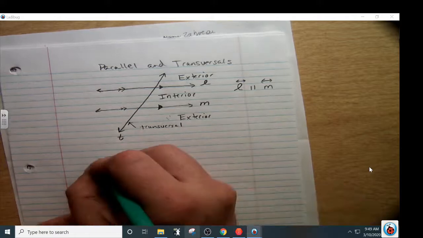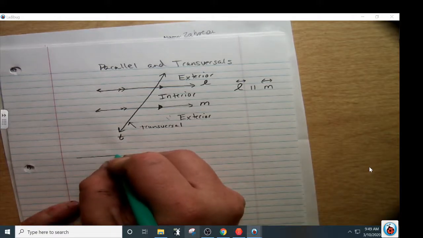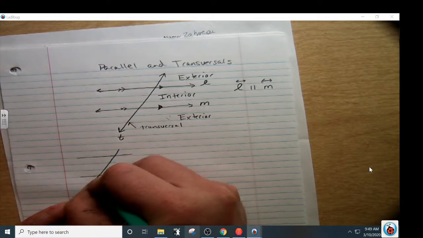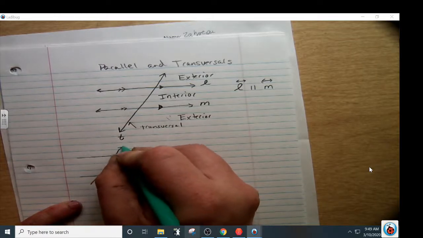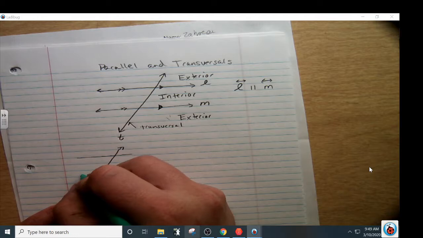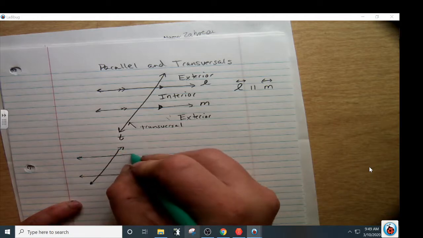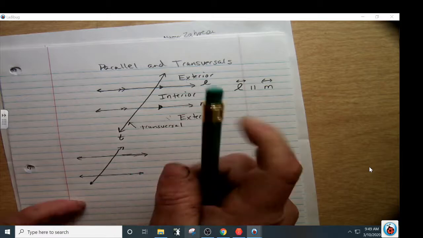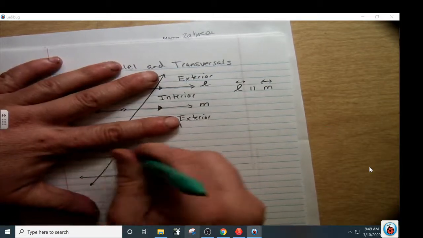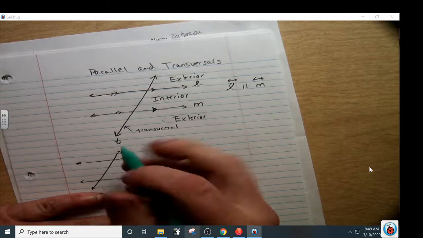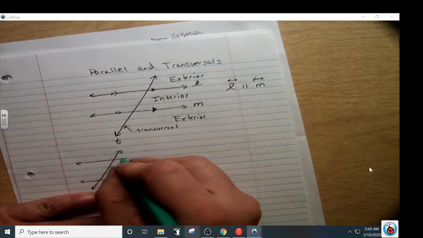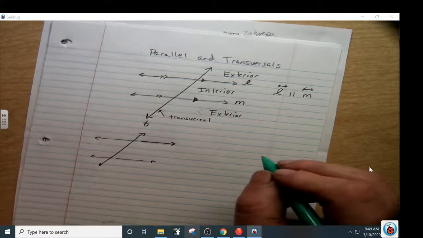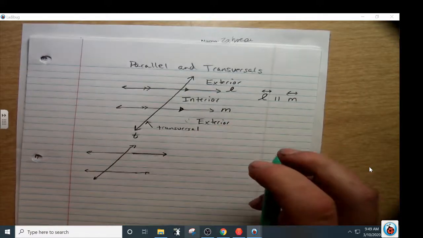So let's start with some angle relationships. All right, guys, let's start with some common ones.